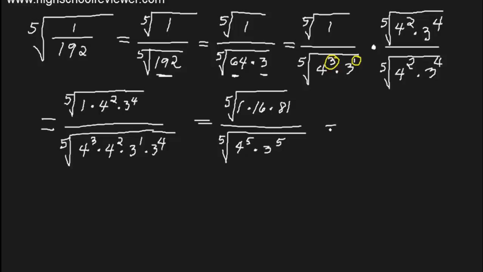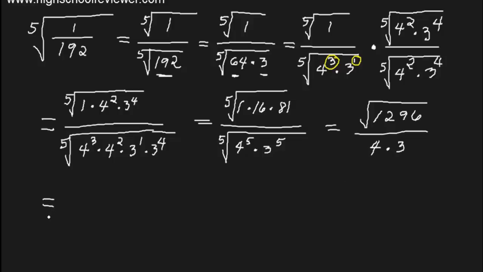Now the fifth root of 1 times 16 times 81 will give us 1296, all over... Now the fifth root of 4 raised to 5 will be equal to 4, and the fifth root of 3 raised to 5 is equal to 3.